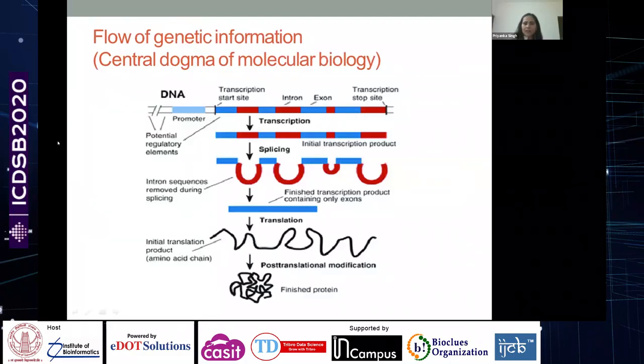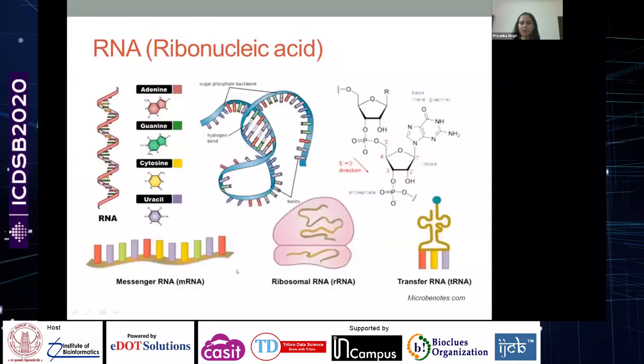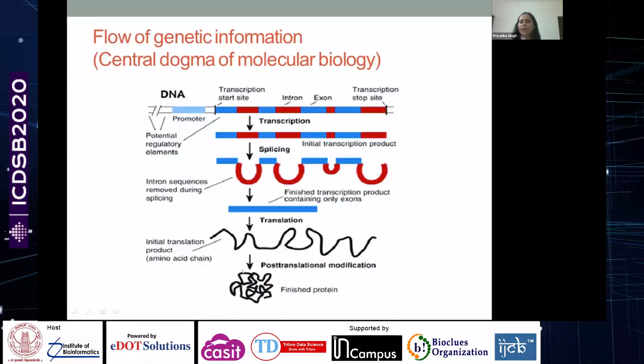Now the DNA, I said, is the genetic storehouse of the cell. It has all the information on how the cell is supposed to behave, but it is not doing the work itself. What the DNA does is create workhorses, which are called proteins, which can do the work for DNA.